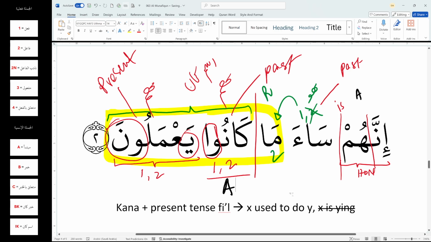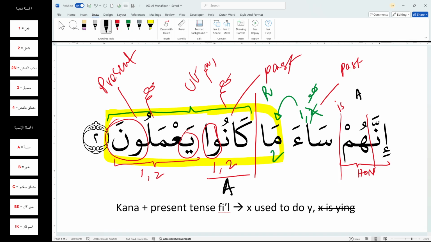Now, let's complete the grammatical structure. So we found the kana and we found ya'malun. Ya'malun was not actually the khabar kana. It was a fi'l. So I'm still going to mark it khabar kana. Was it KB in your legend?